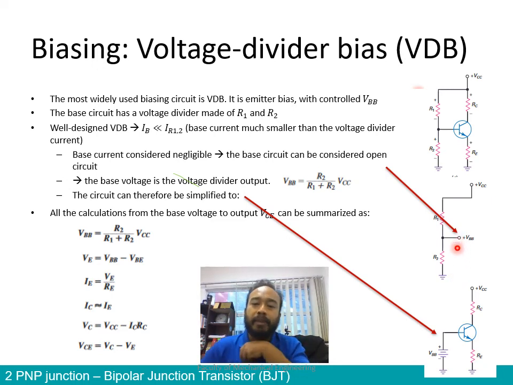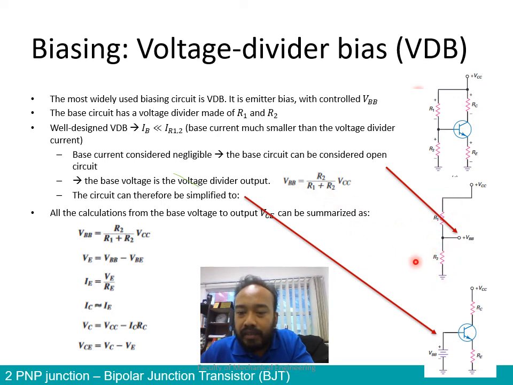What is the base voltage over here? The base voltage that is connected to the base is basically the voltage output of the voltage divider. You know how to calculate the voltage divider, right? The output VBB of the voltage divider is basically VCC multiplied by the ratio, so the output resistor R2 divided by the sum of resistors.